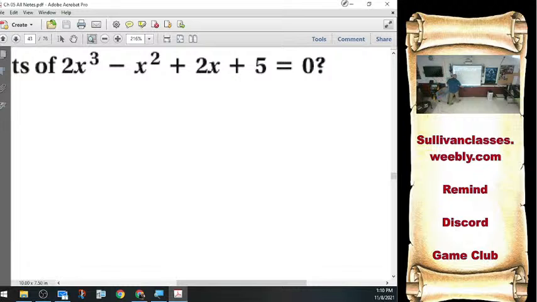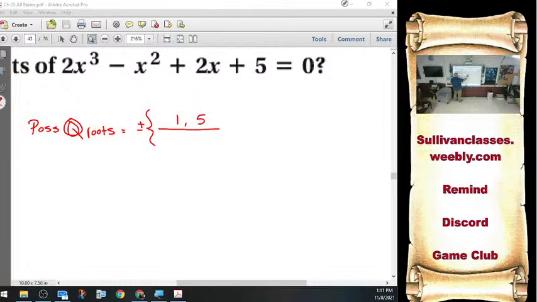If I want to know all the possible rational roots of this, it's going to be plus or minus all the factors of 5, well that's 1 and 5, over all the factors of 2. I can't just stop there and leave it like that. I do still have to list them out, but now they're not as ugly.